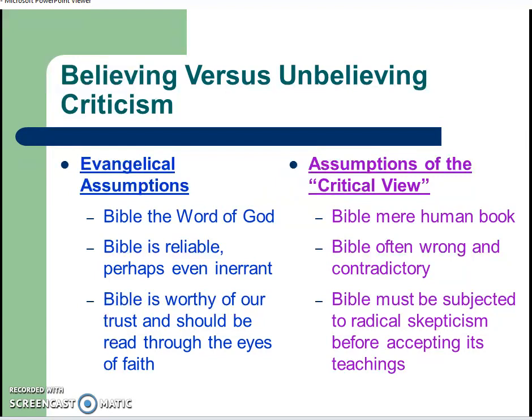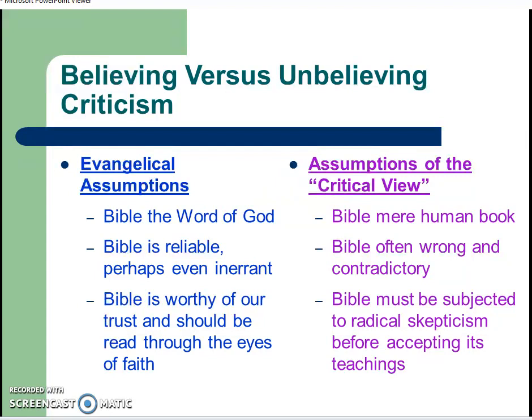Now, others, you might call them liberal scholars, or some people call this the critical view, but it's another term for liberal scholarship. The critical view will tend to look at the Bible as merely a human book. Now, the Bible is, of course, a human book, but it's not just a human book.